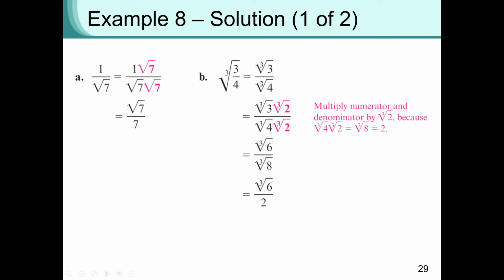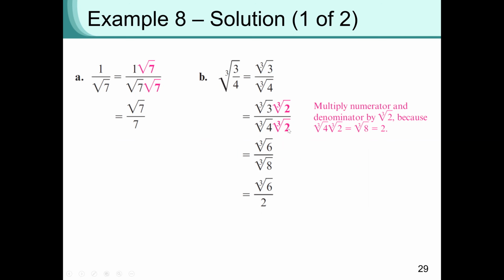You see, we are not using the cube root of 4 again. Because for the square root of 7, we used the square root of 7 itself. But for a cube root, we want to find a value such that when we take its cube, we get a perfect cube.